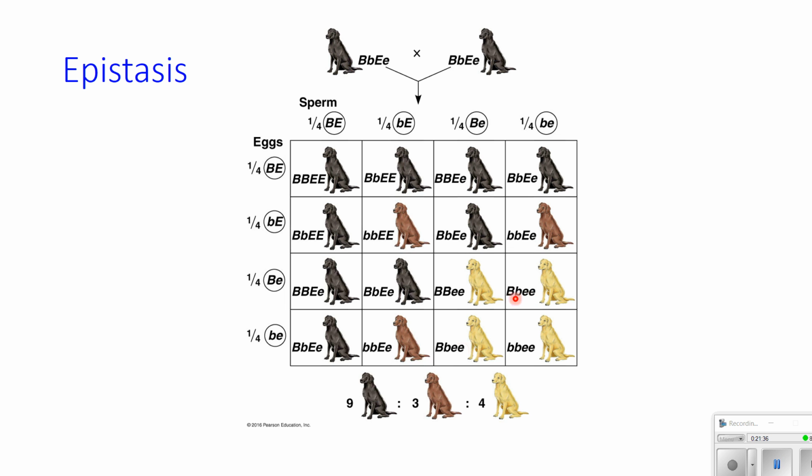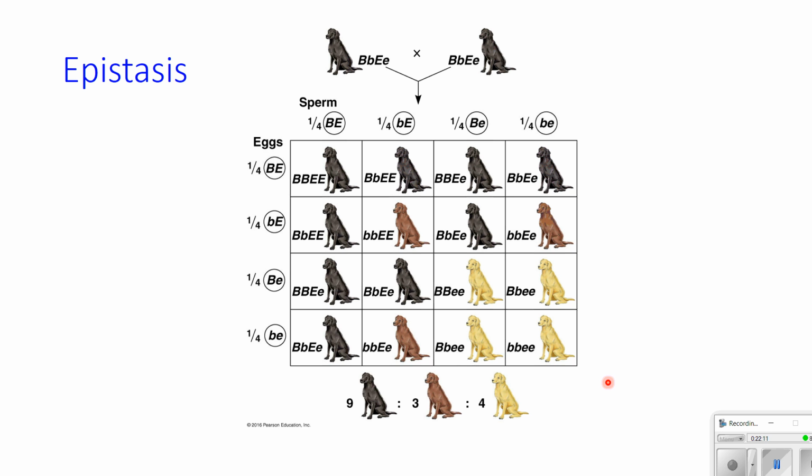And it doesn't matter what the other gene says. It doesn't matter that this gene is coding for black. It doesn't matter that these two little b's are coding for chocolate. The little e overrides the pigment color gene. Remember, that's what epistasis is. It's where one gene can be expressed in such a way that it affects how the other gene is expressed. And that is called epistasis.